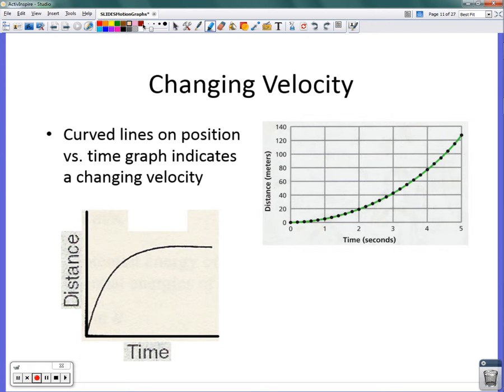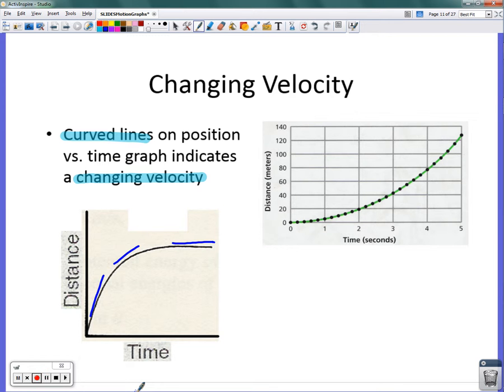So, curved lines on a position versus time graph represent changing velocities. In the first graph on the left, we start off and this graph has a pretty steep slope. And then a little bit later on, that slope decreases, and eventually that slope appears to be zero.